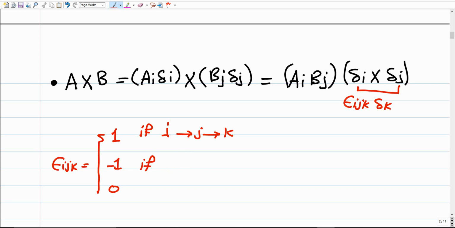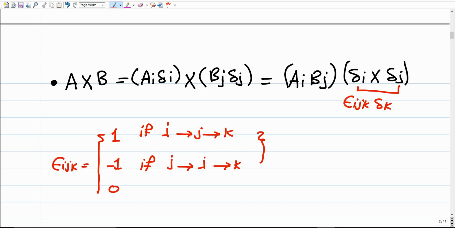So for example, let us assume that you have j, then i, then k. This is not the same order that is shown here. We have to have i, then j, then k, then i again, then j, then k, and so on. But in this case, we have j, then i, then k, then we are going to start again from j. This is not the exact order given for the epsilon, so it's going to take a negative sign, right?